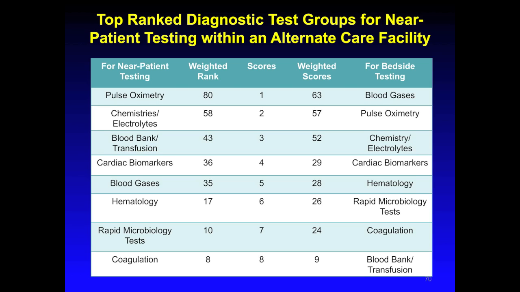The theme then is that by having point-of-care testing appropriately positioned in the community hospital and having the right and the needed devices, we are going to improve the value of the healthcare product that is delivered there.